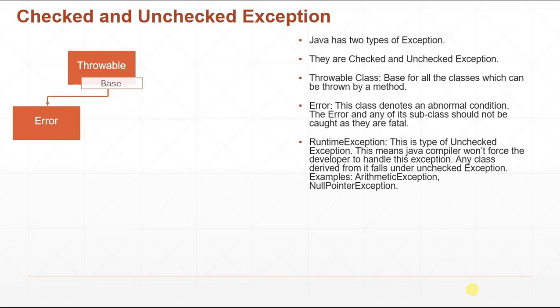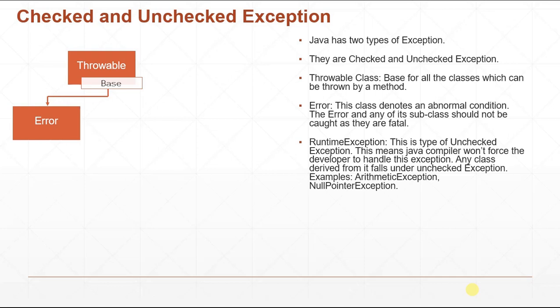Let us say our previous example, so we have kept some mathematical statement, some number divided by 0. So there is a possibility of exception there, but Java compiler won't check that because arithmetic exception is derived from the runtime exception.